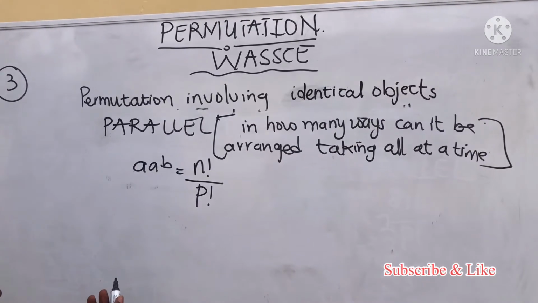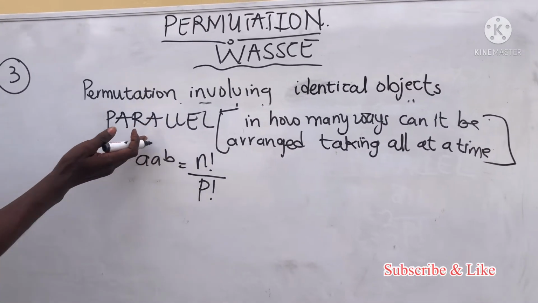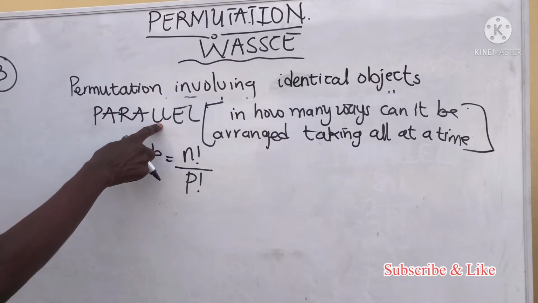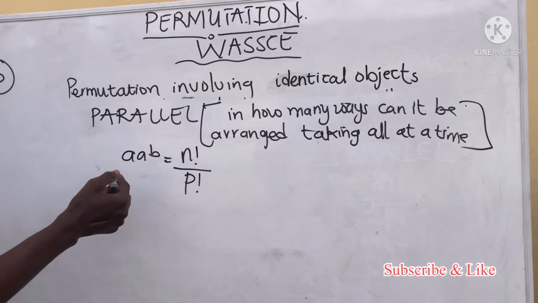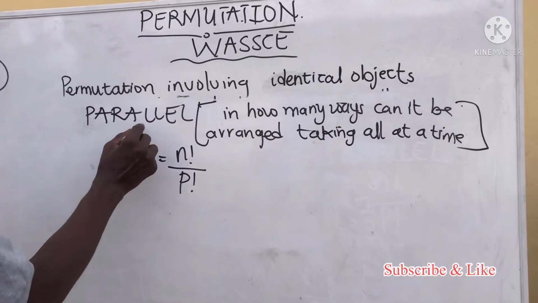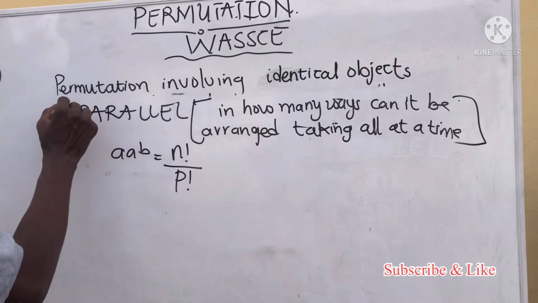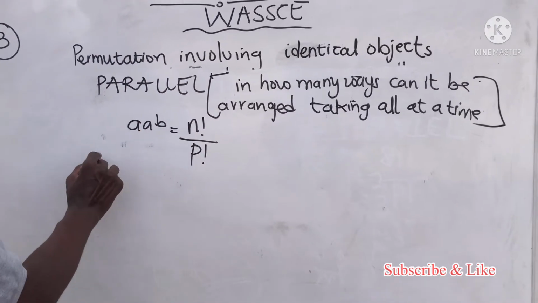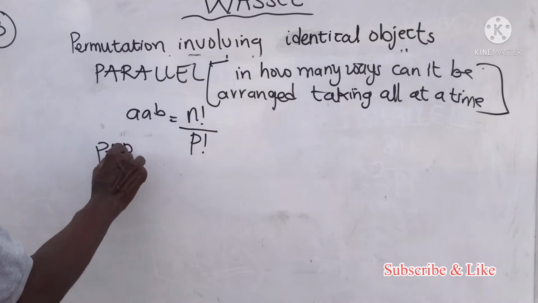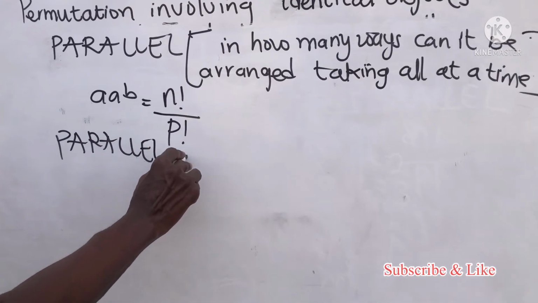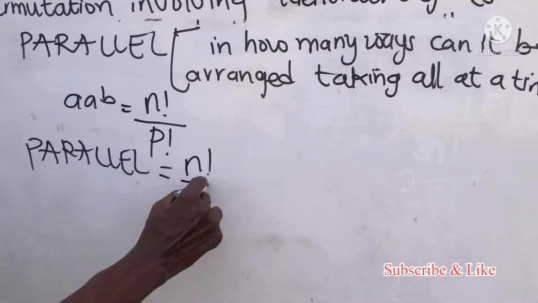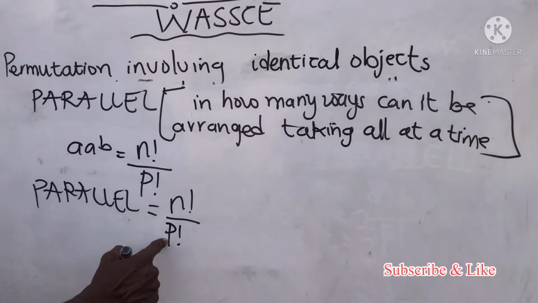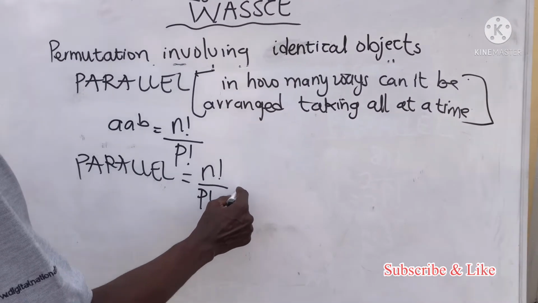Now, what if, like the example given, "parallel", in here we have two items repeating themselves. A and L are both repeating themselves. So in this case, for any object of this form, the formula we can use is, for example, with parallel, we can say that n has two repeating items, A and L. Let's use P for the first one, then R for the next one.